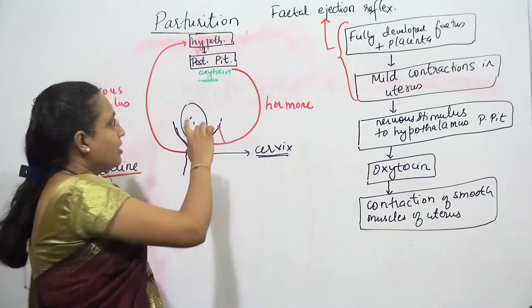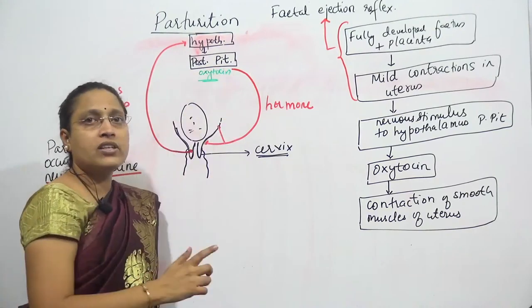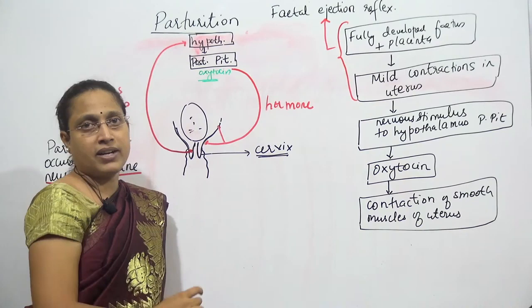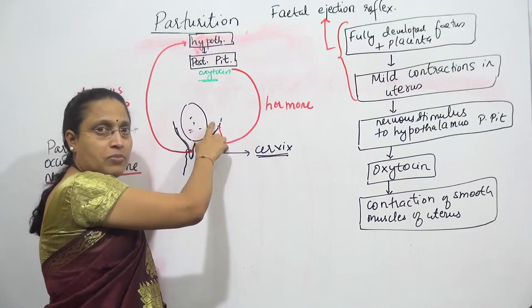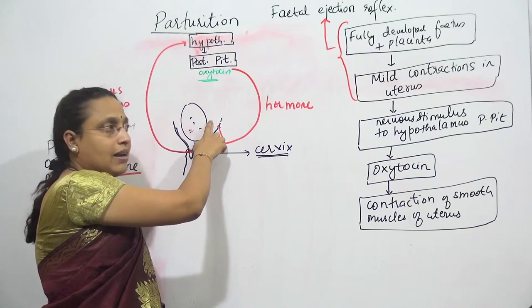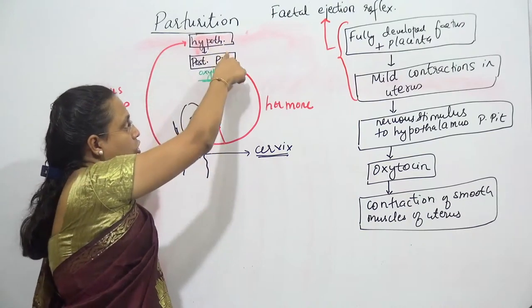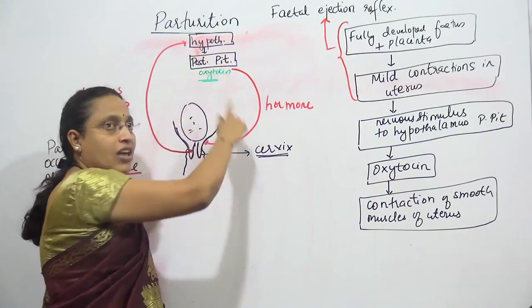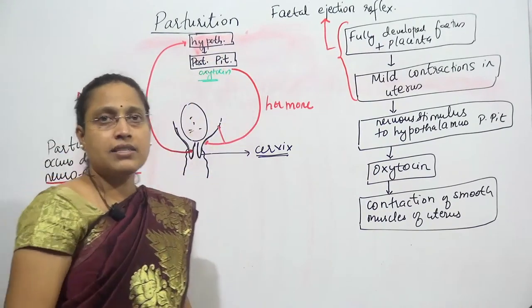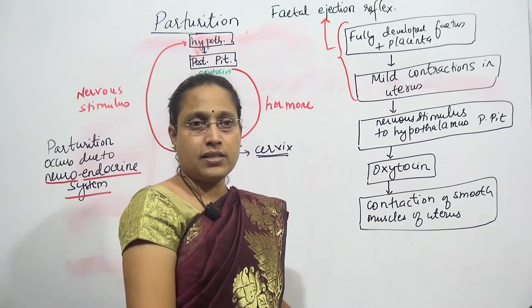That means this is which mechanism? Positive feedback mechanism it is called. What is the end result? Contraction of muscles. More contraction, more oxytocin. More contraction, more oxytocin. Again more contraction, more oxytocin. This is called a self-sustaining effect.